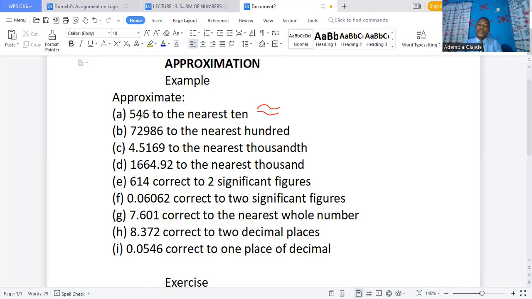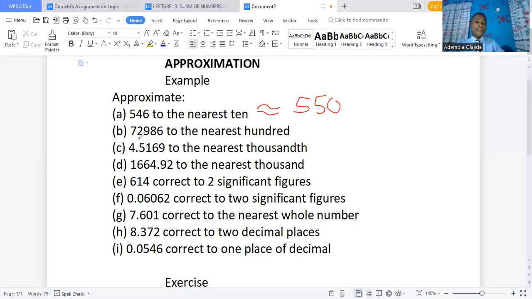Here we are standing on 4. The next digit, which is 6, is mature enough to be rounded up. So we turn it into 1 and add it to this. This 4 will now become 5. Then in place of every other digit, like this 6, you put 0 there. So it will be 5, 5, 0. That means if someone has given you 546 naira, you may approximately see it as you have been given 550 because it's nearest to 560.